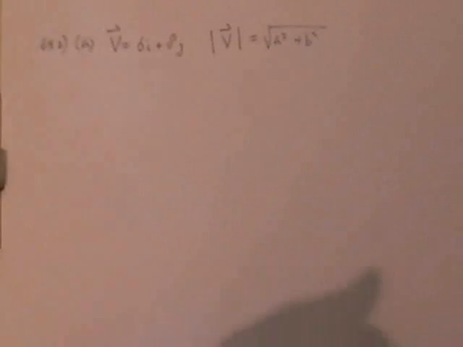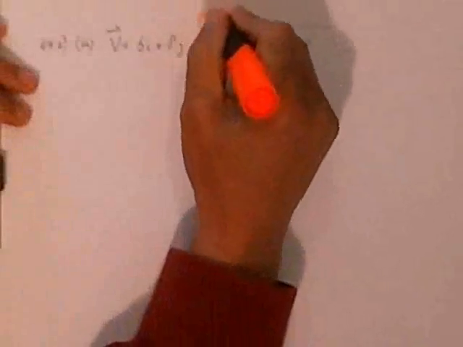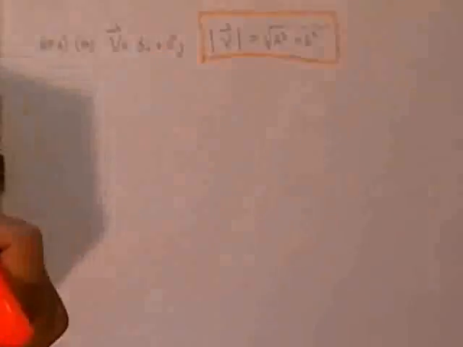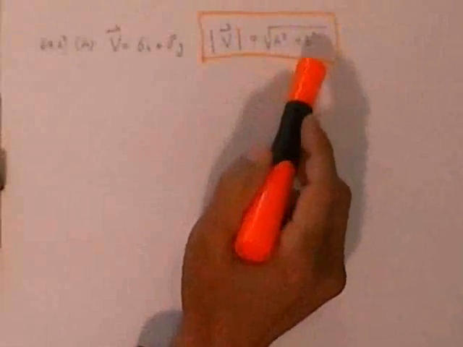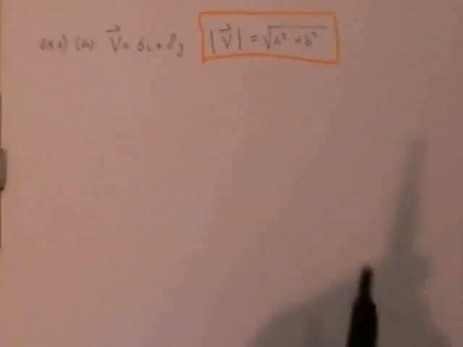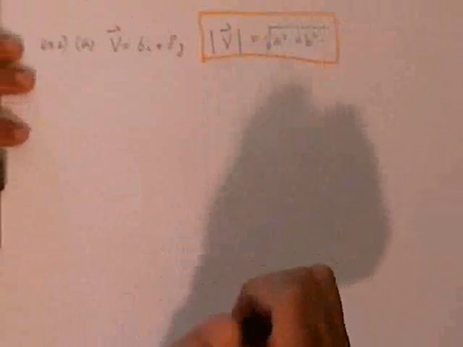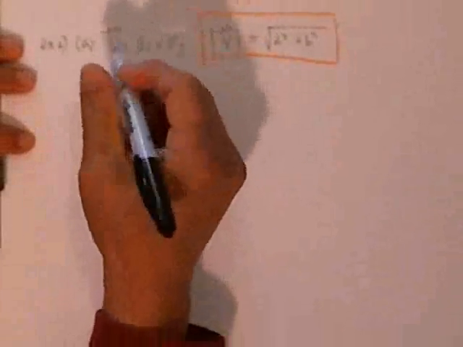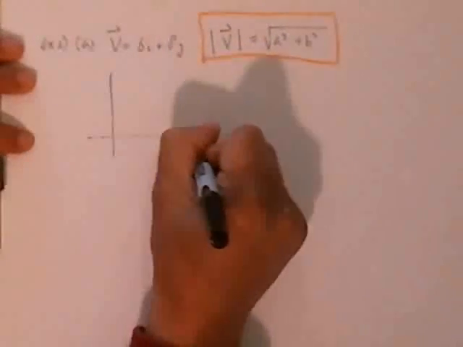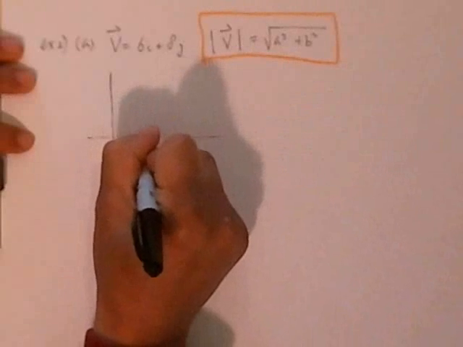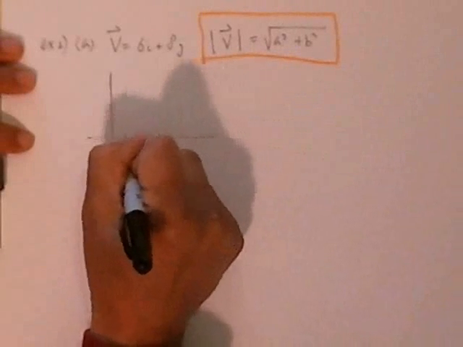You're going to see this again and again, so I'm going to highlight it. This is pretty important stuff. It is the Pythagorean theorem. Let's see how this is the Pythagorean theorem. So we draw it out first, and the intuition will come by a little bit. 1, 2, 3, 4, 5, 6 right there.